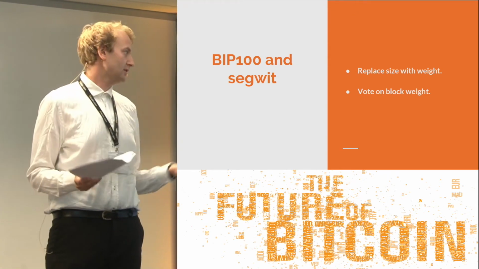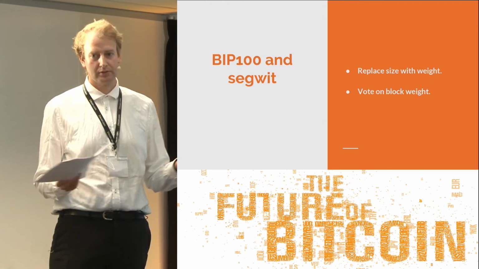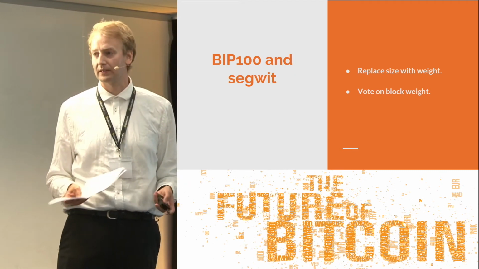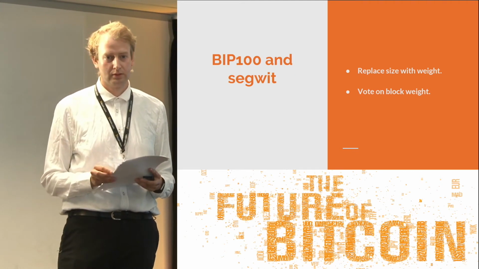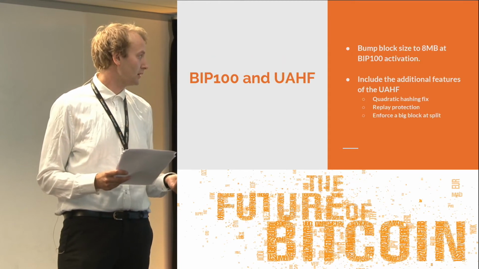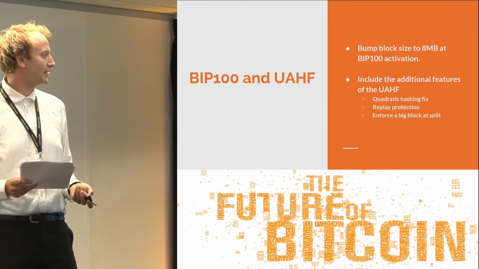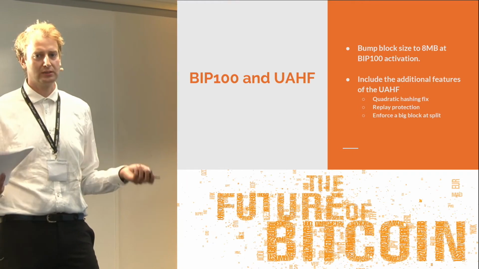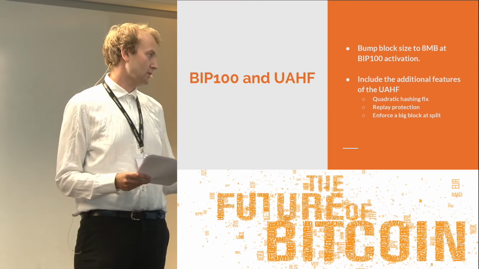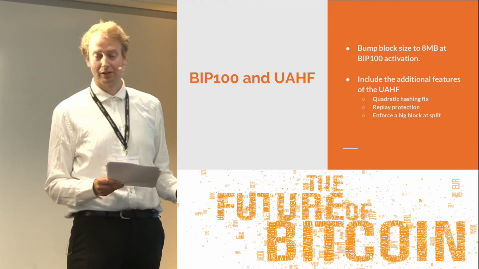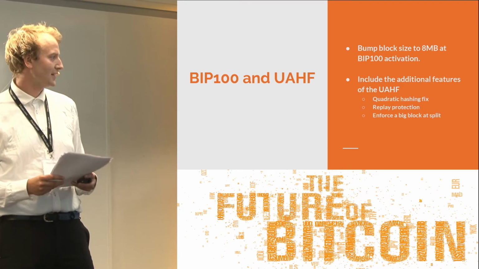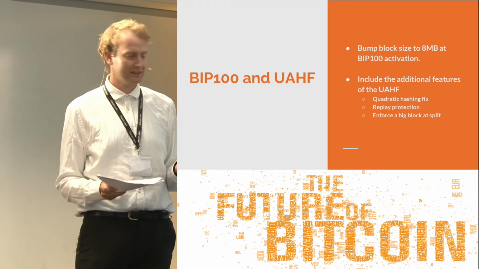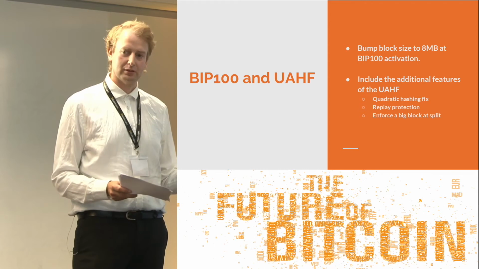So if SegWit is activated, we just replace size with weight, and we start to vote on block weight. If the user-activated hard fork is activated, we just bump the block size up to 8 megabytes. We add these new nice additional features: quadratic hashing fix, replay protection, and forced big block split, and then continue from there.